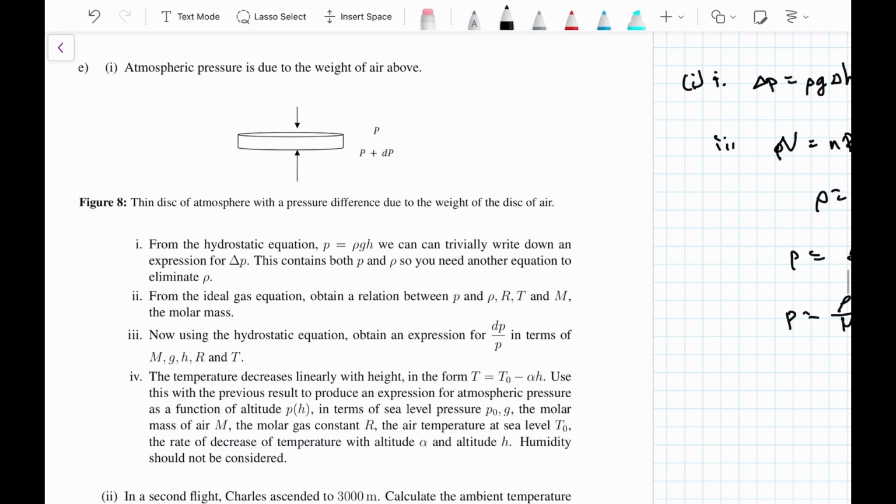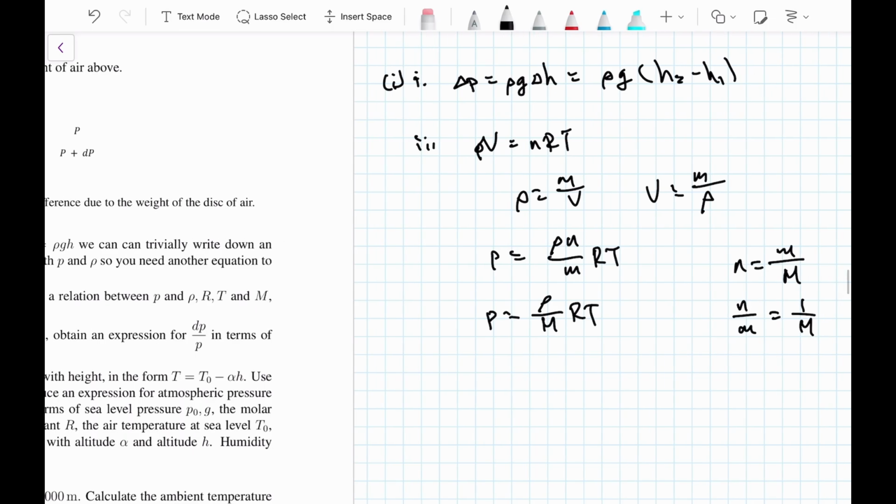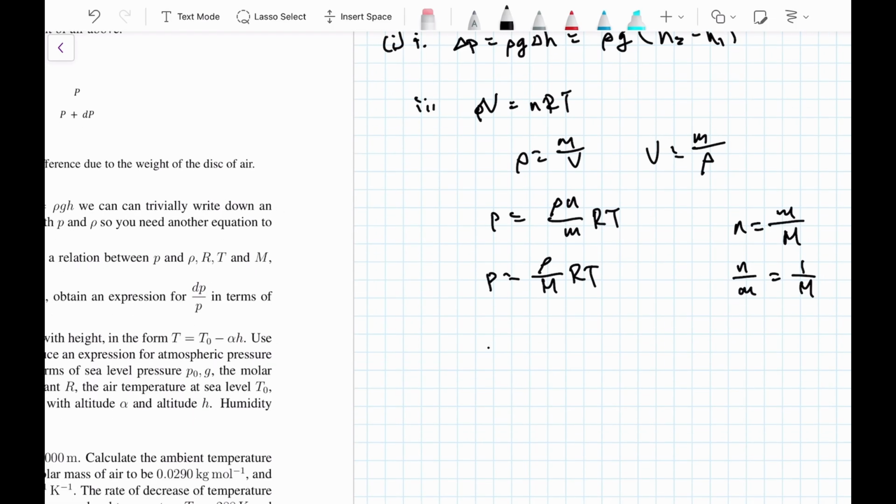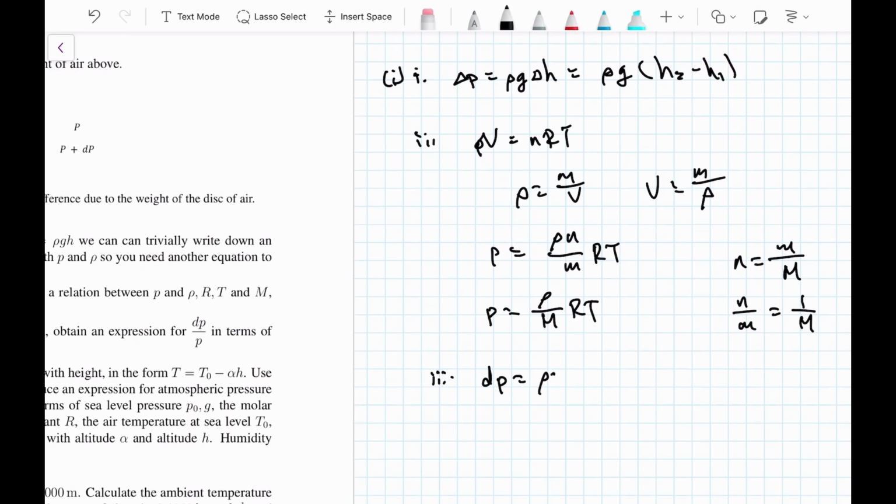And now using the hydrostatic equation, obtain an expression for dP over P in terms of M, g, h, R, and T. From the first equation, this is the third part: dP should be equal to rho g dh.